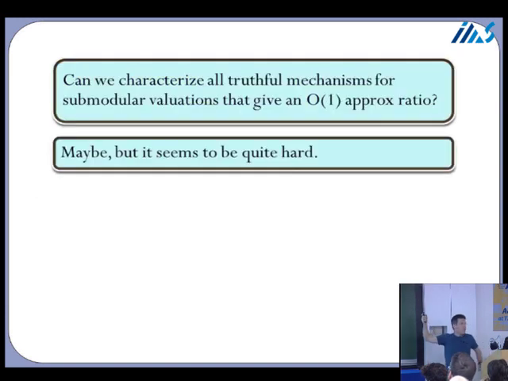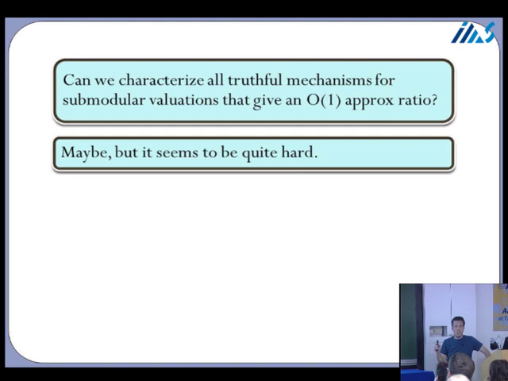Now, I started talking about combinatorial auctions with some other bidders. So can we characterize all mechanisms that provide a constant approximation ratio, and completely characterize and optimize the approach? Maybe we can do that, but that seems quite hard. There is a good chance that it's possible to characterize all truthful mechanisms that provide an approximation ratio better than 2.